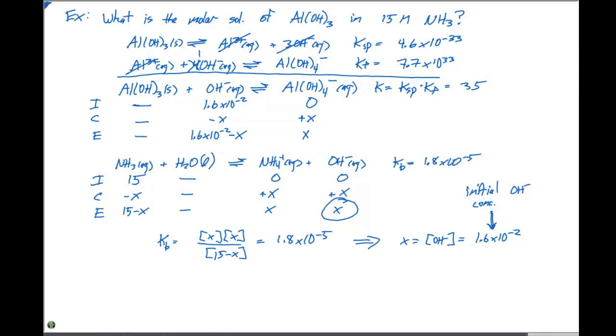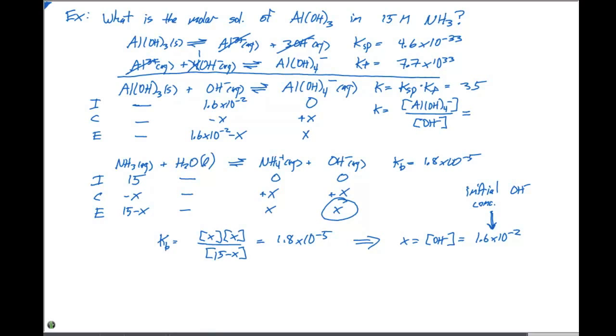We said that our equilibrium constant is going to be the Ksp times the Kf, which equals 35. So we can set up a K expression that, in this case, is products over reactants. So it's going to be the concentration of our Al(OH)4 minus divided by the OH minus concentration.